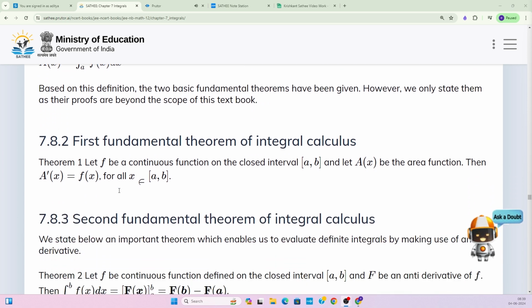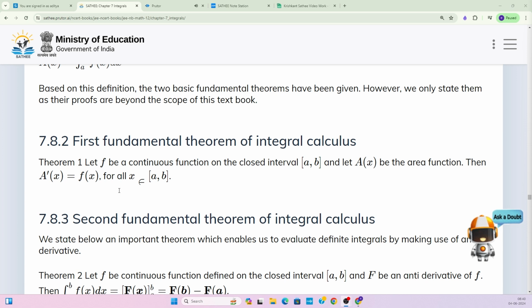Now, the fundamental theorem of integral calculus. What does the first fundamental theorem of integral calculus say? Theorem 1 says, let f be a continuous function on the closed interval a to b, and A(x) be our area function depending on x.